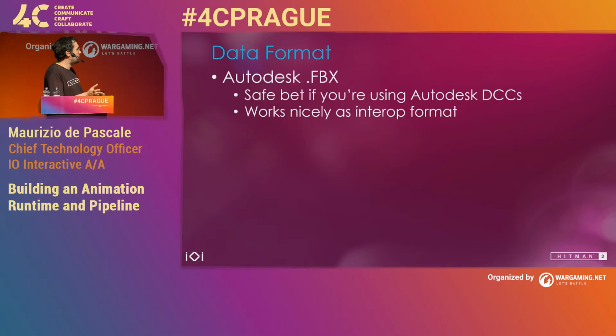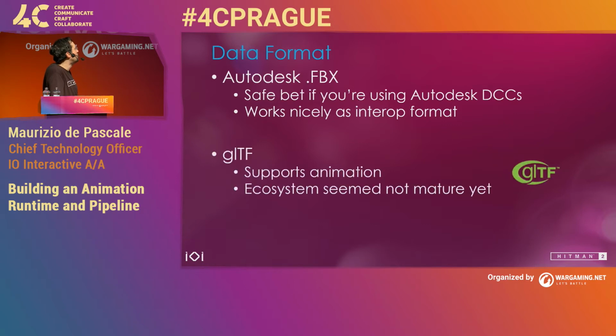Okay, you know how to play animation, how to get your animation into your engine. If you're using Autodesk tools, then FBX generally is a pretty common safe bet. It works nicely as an interoperability format. You can move your animation back and forth between most common programs.